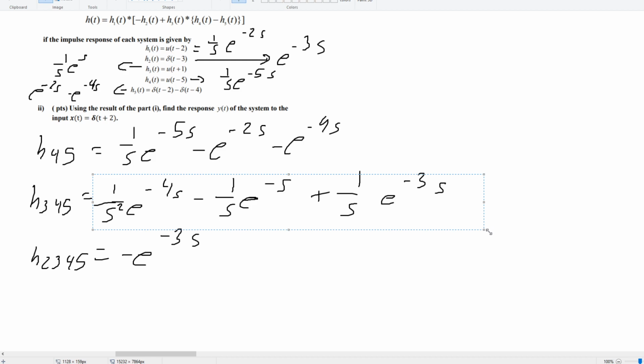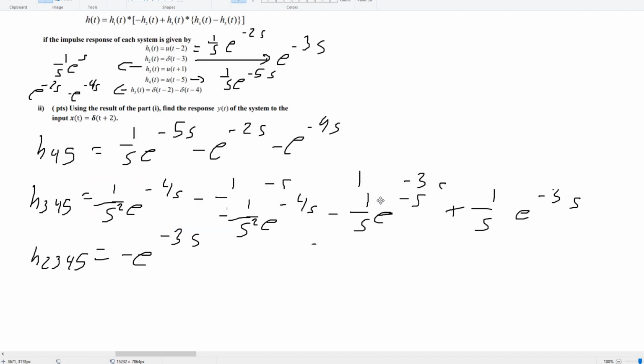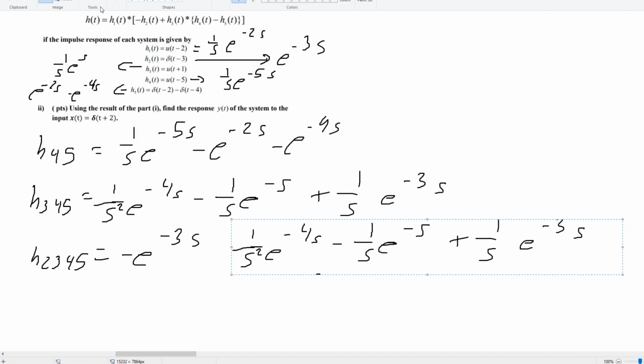Control C, Control V, and this is going to be plus. This is negative 3, and then I can just erase this. So that's h2, 3, 4, 5, and the last thing is to do h1 times this whole equation.